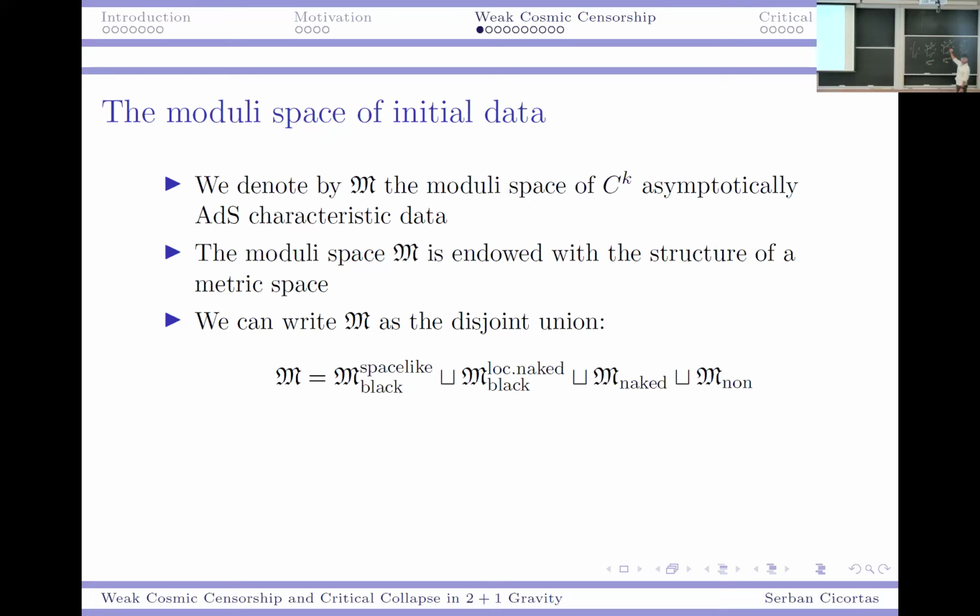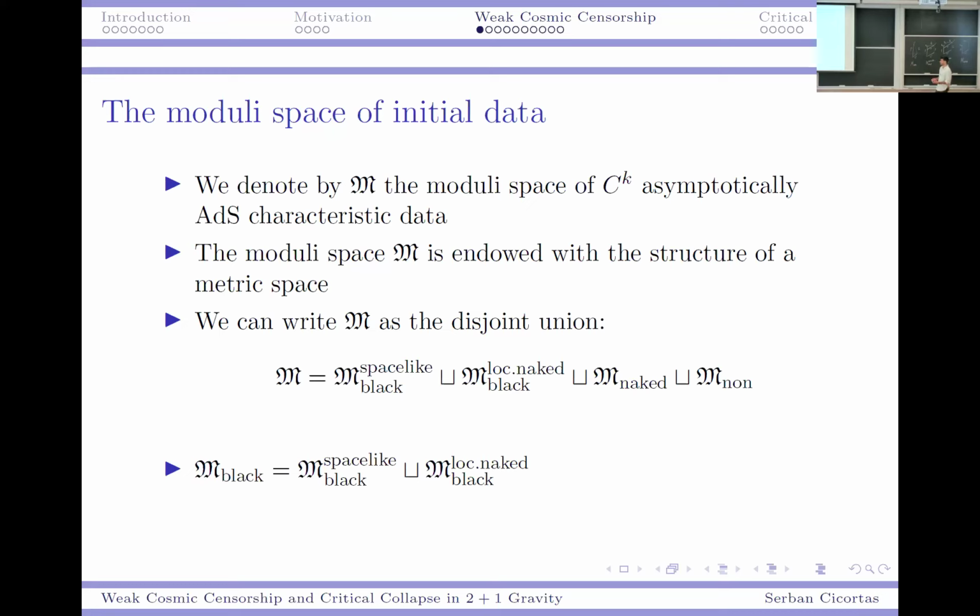So with a null piece here. Then of course M naked is again the subset of initial data that in evolution forms naked singularity spacetimes. And finally, M non-collapse is the subset of initial data that forms non-collapsing spacetimes. Okay, so this is the decomposition of the moduli space of initial data that you get.